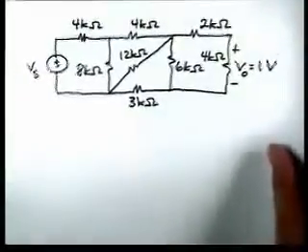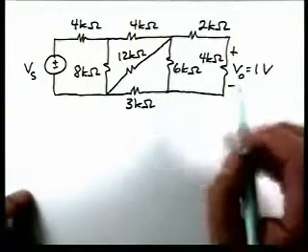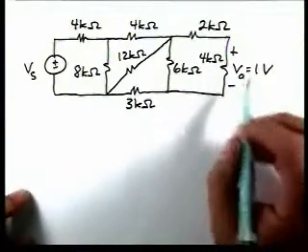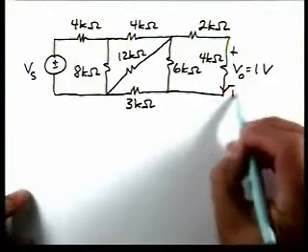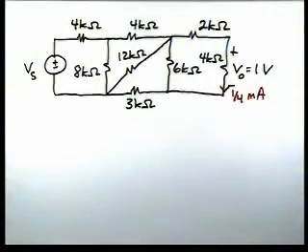So here's our circuit. Now what we've done is we've assumed that V0 is 1. We're going to work our way back to the input to find what Vs is. So let's start over here. We know this is 1 volt across 4K. So that tells us that this current is 1/4 of a milliamp.